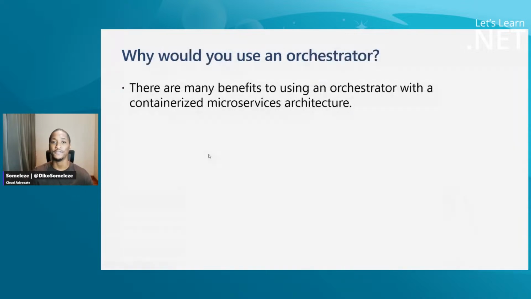So there are many benefits to using an orchestrator with a containerized microservices architecture. Again, running away from that monolithic architecture. The orchestrator helps you combine applications that are made of many microservices in one deployable unit. That unit is then moved to a host via deployment.